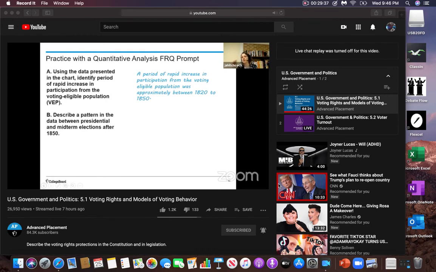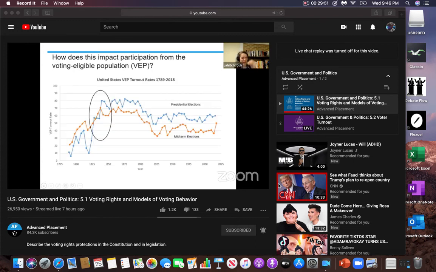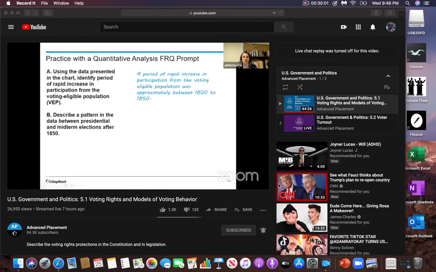Now, this is a baseline response. If I were advising my own students, and y'all are my students now, I might say, maybe you should illuminate the data a little bit. Maybe I would talk about, to make sure that I clinch that point, that starting in 1825, we went from around 10% VEP turnout rate to 1850 with an 80% VEP turnout rate in presidential elections.